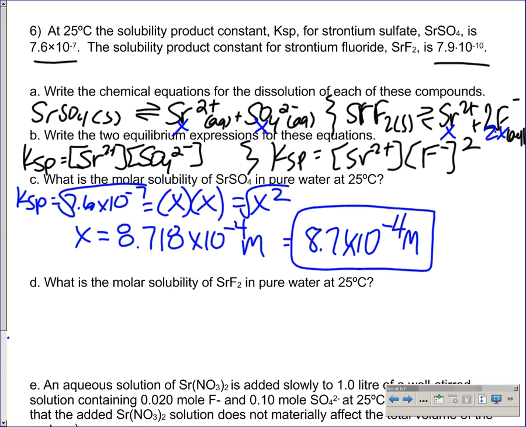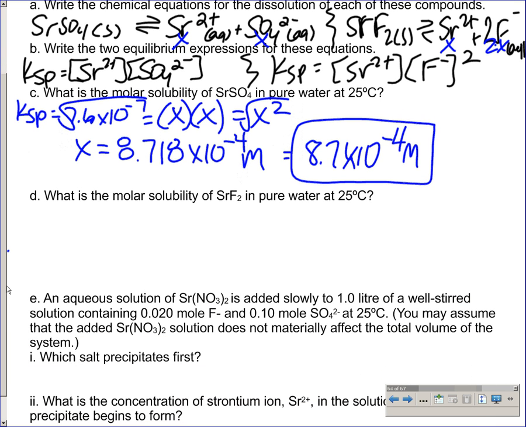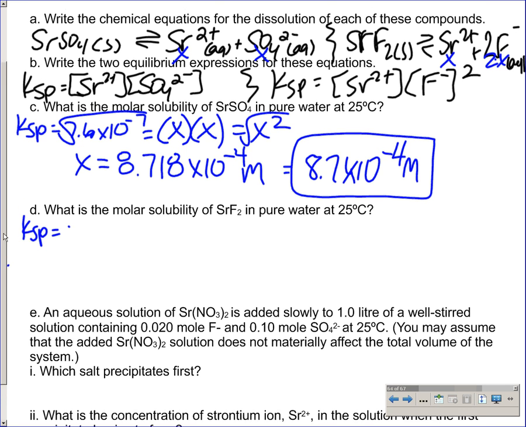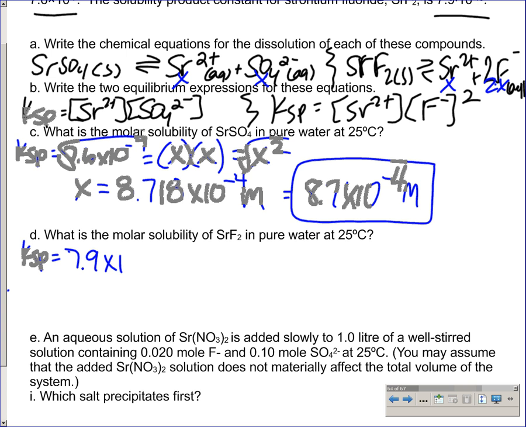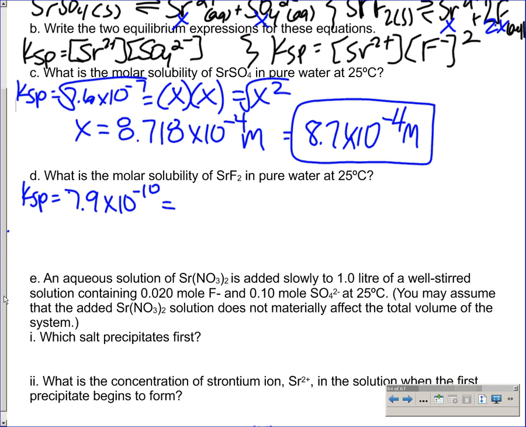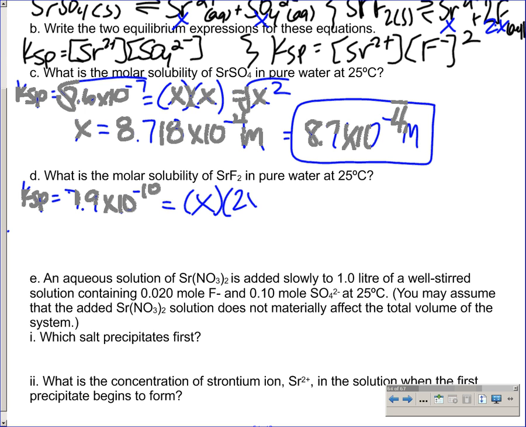Second one, same setup, except what's different here? KSP value is different, first of all, which is 7.9 times 10 to the negative 10. So what am I putting here? X, and the next one? 2X squared, so that's 4X cubed.